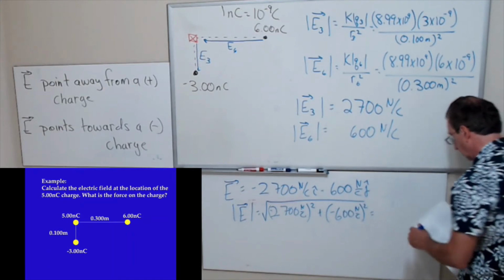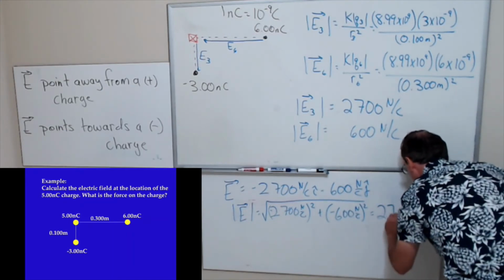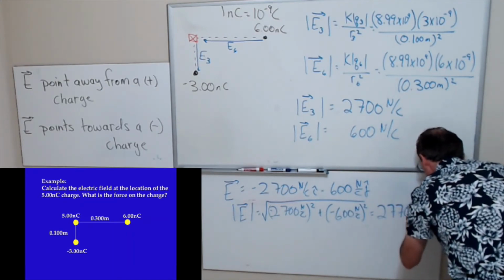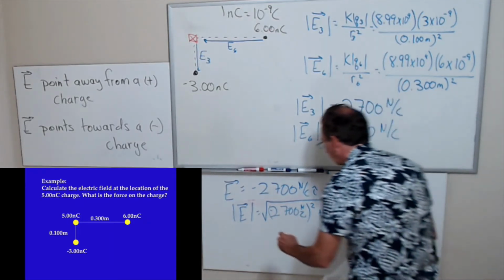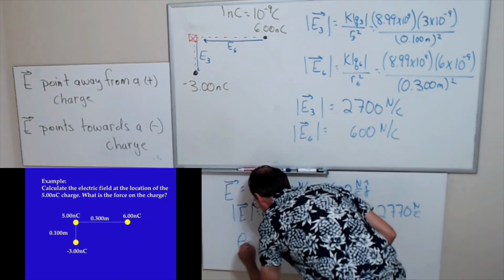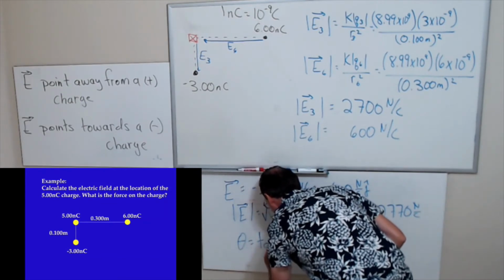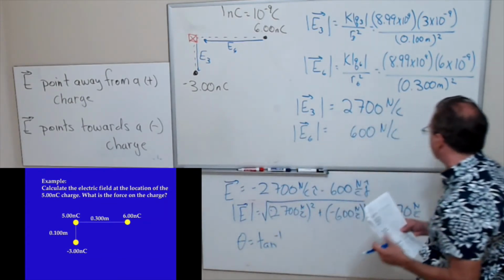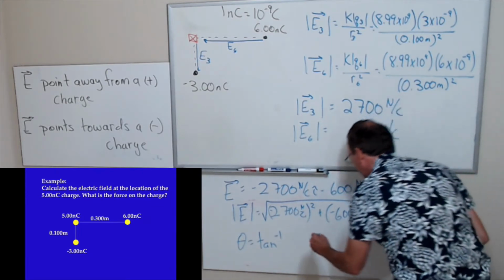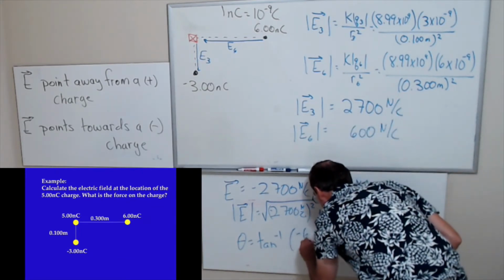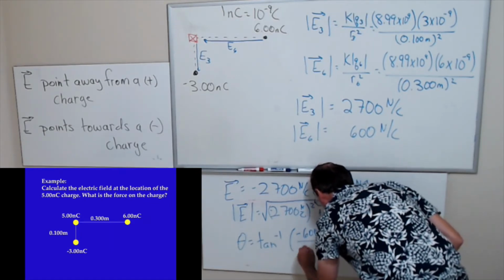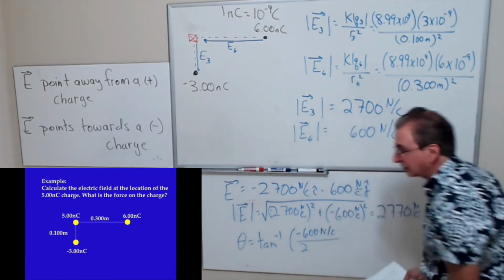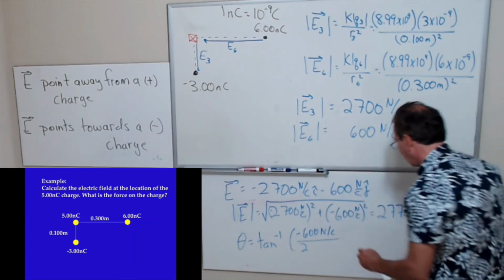And this will give me 2770 newtons per coulomb, and then theta is going to be the inverse tangent of the y component over the x component. And really, I don't need to write down the units because they're going to cancel.